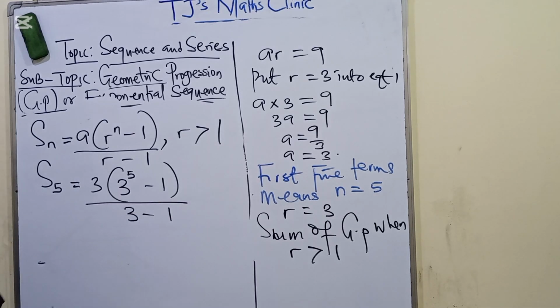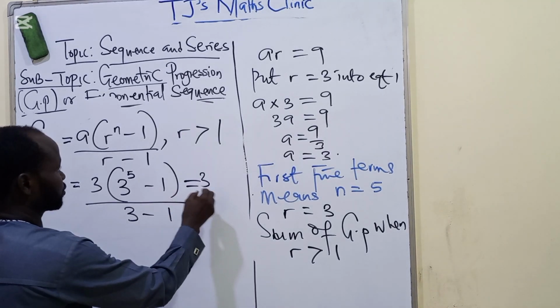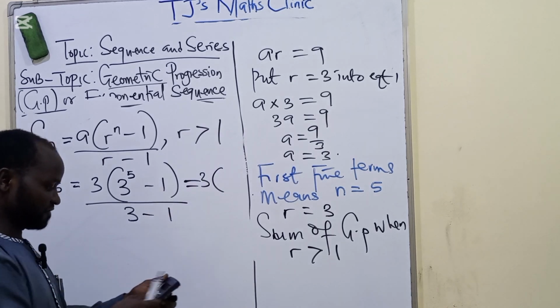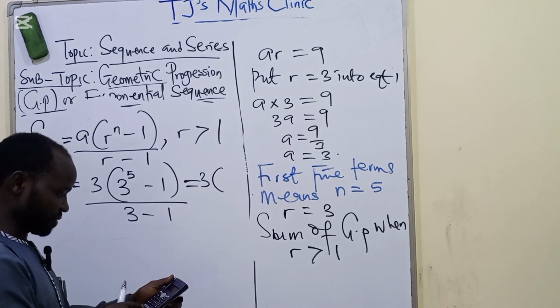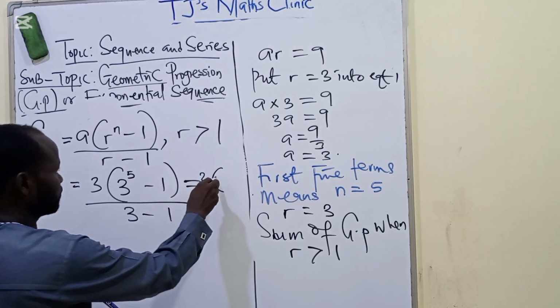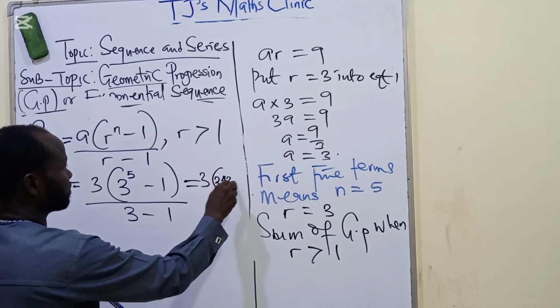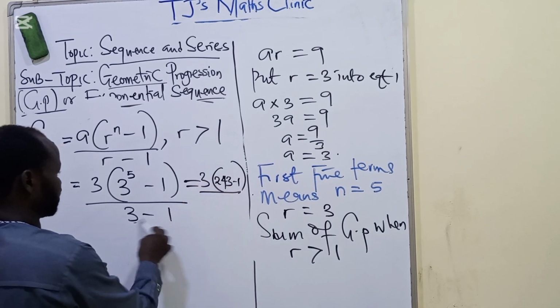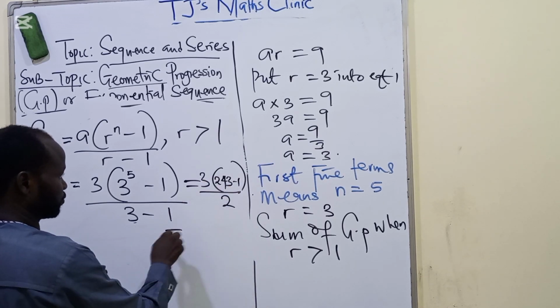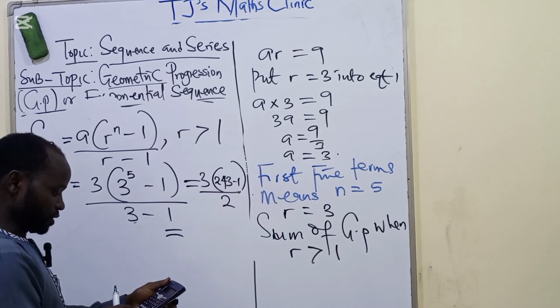So let's simplify this. Let's work inside the bracket first. Very important. To simplify this, it will be 3 into 3 to the power 5. Let's do 3 to the power 5. That's 243 minus 1, divided by 3 minus 1, which is 2. This will now be equal to 243 minus 1.